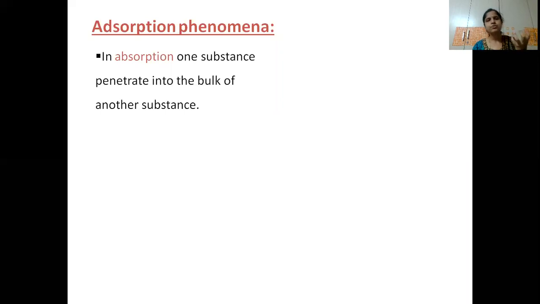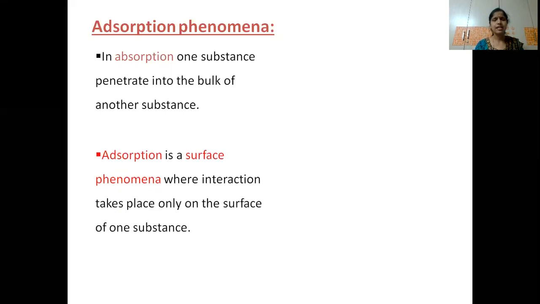That means the substance goes inside the other substance, whereas adsorption is a purely surface phenomenon. Remember, in chromatography it is the adsorption process that is seen, mainly a surface phenomenon where interaction takes place only on the surface of one substance.